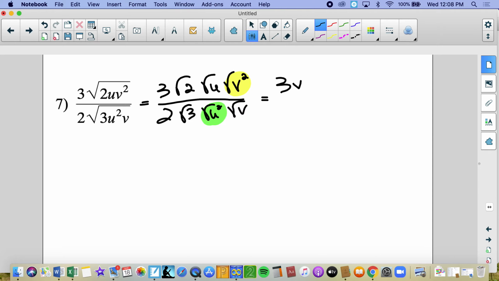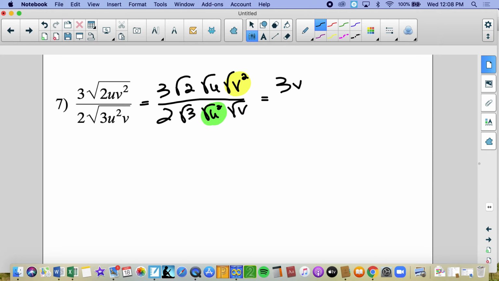And now I should rationalize. I have to get rid of this radical, so I'm going to multiply by rad 3v over rad 3v, and that will give me 3v, and then I'm going to multiply these 2 radicals. This radical times this radical, so 2 times 3 gives me 6, u times v gives me uv.